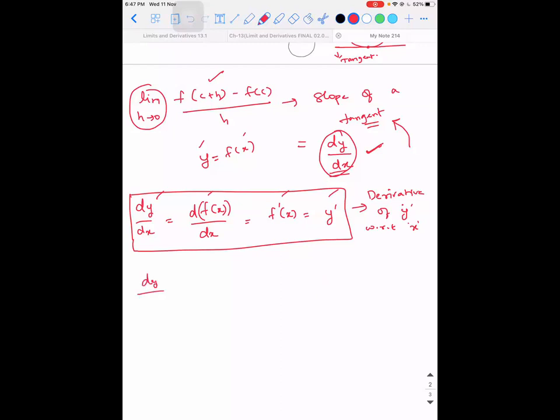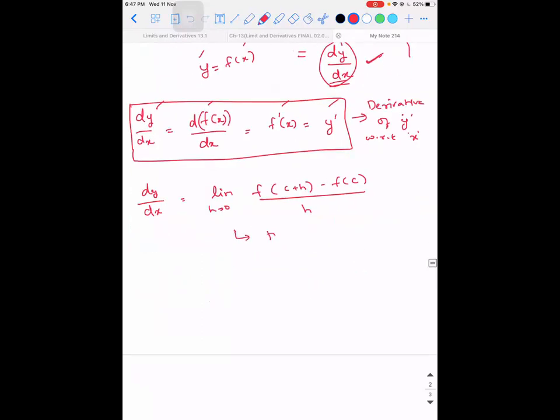The meaning of any one of these is equal to limit h tends to 0 of f of c plus h minus f of c, the whole divided by h, and this is called the derivative of y with respect to x at the point x is equal to c. You will put a line like this and write x is equal to c.